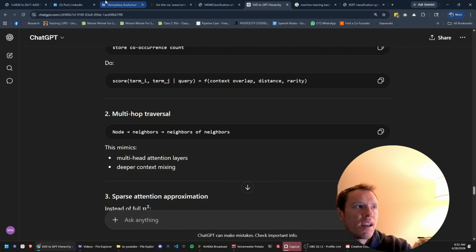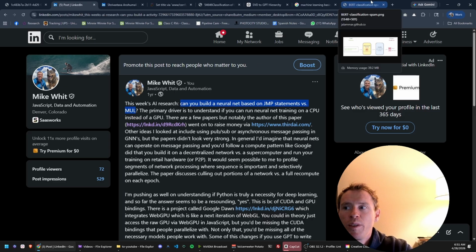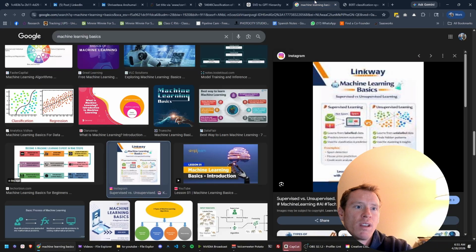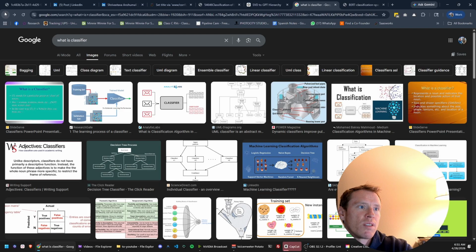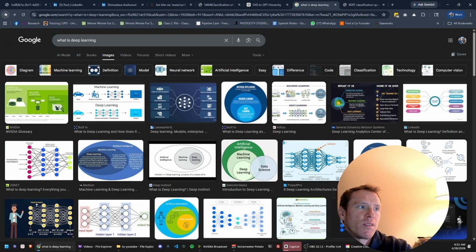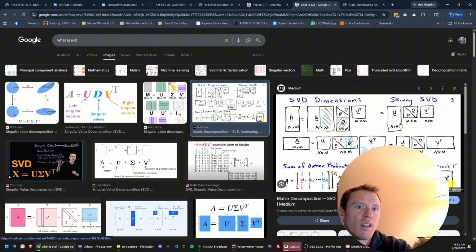And the main thing that I had posted about a year ago was this idea of, can you build a neural net based on jump statements versus mul? And the idea of that is that a GPU is very good at mul, being multiply, and mul being more specifically related to this original concept of, I'm trying to find our original matrix diagram here.